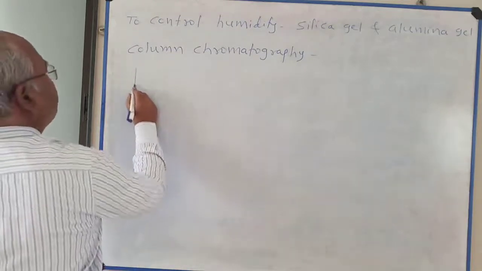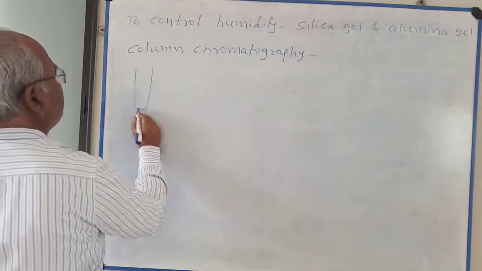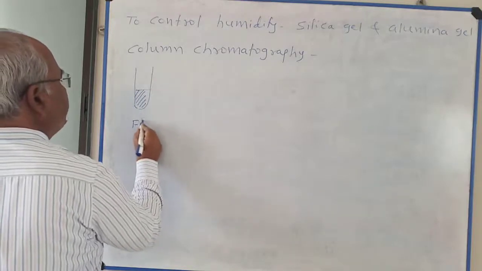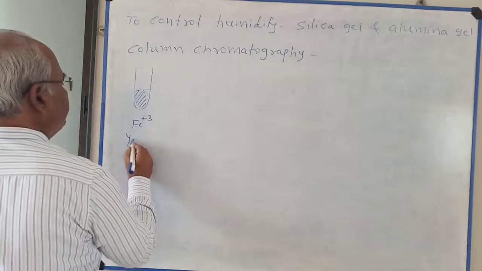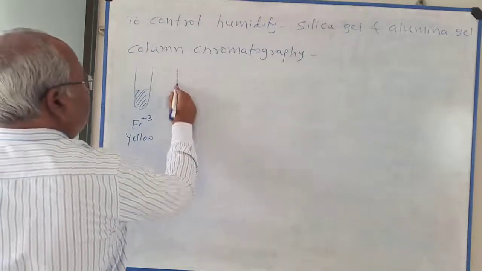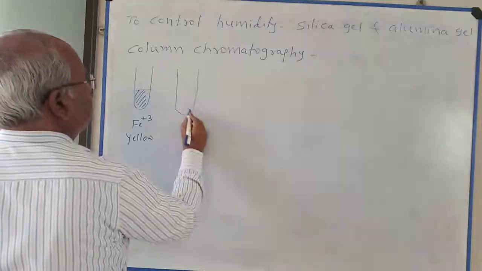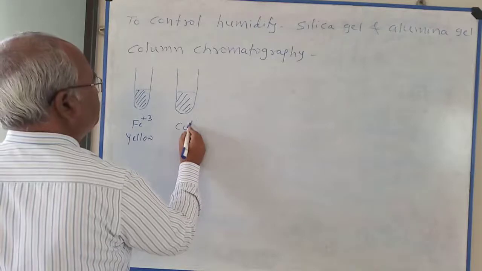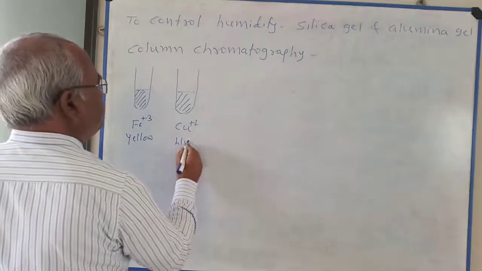Suppose this is one test tube. It contains Fe+3 ions, which are yellow in color. Here is another test tube. It contains cupric ions, which are blue in color.